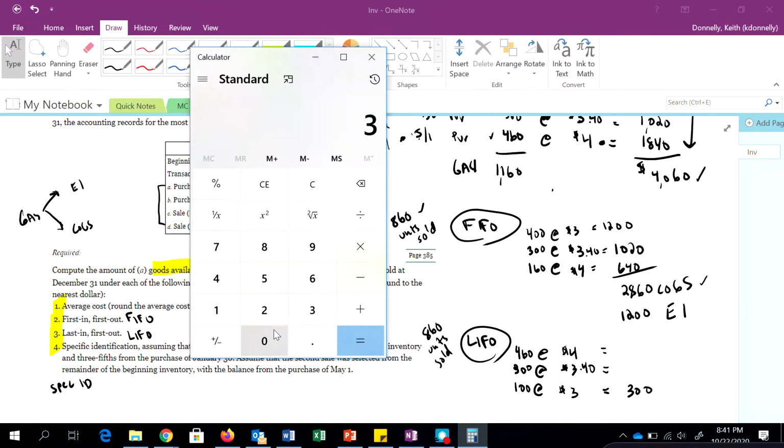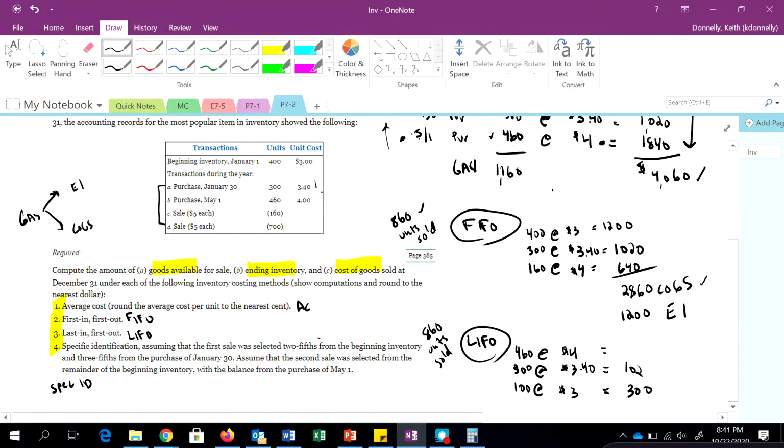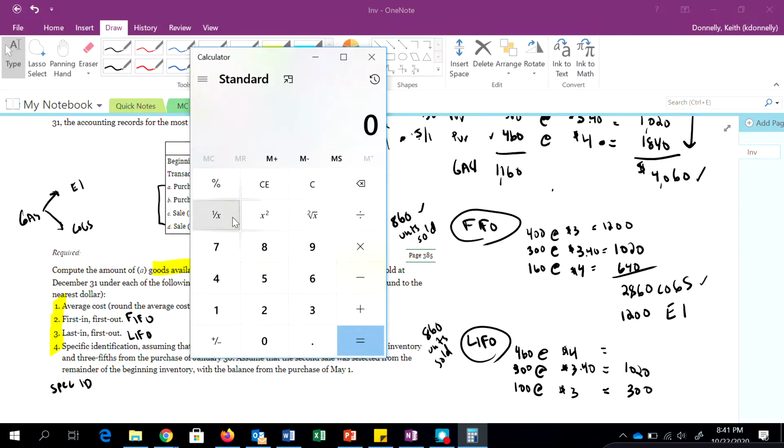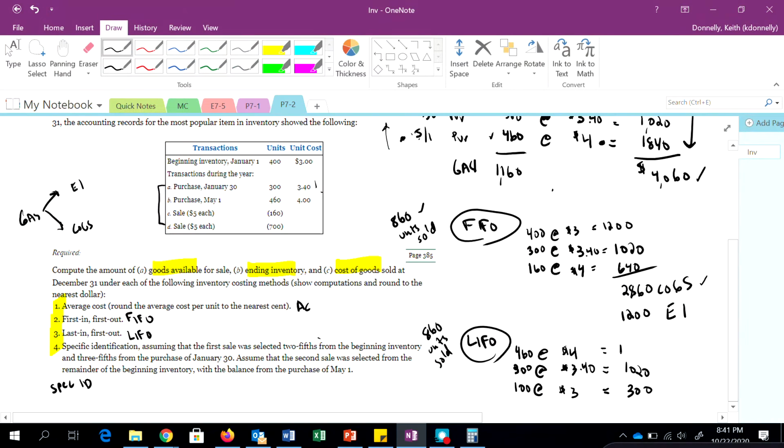So it's 300 times 3.40, so 1020. And 460 times 4 gives you 1840. Sum all of those together.